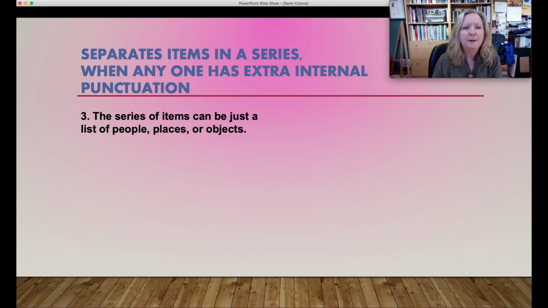All right. You can also use a semicolon to separate items in a series only when one of the items in the series has some additional internal punctuation like periods, hyphens, quotation marks, things like that. Let's take a look at an example.